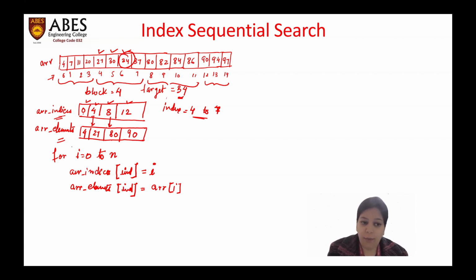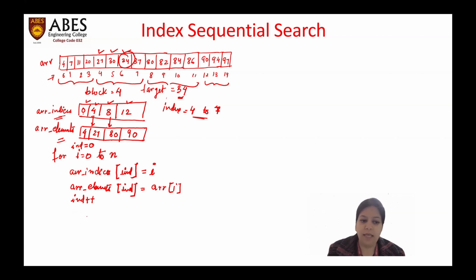Here, the variable IND will start from 0. So this IND will begin with 0, and after every iteration, the value of IND will be incremented by 1. But the value of I will be incremented by the block size.